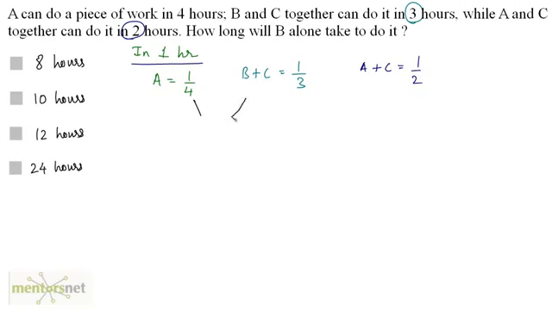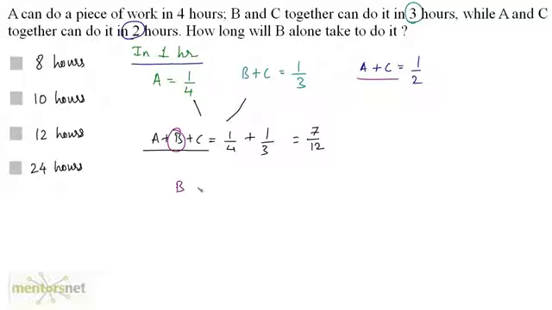Now if we add these two terms together, we will get A plus B plus C. Right, and that is the amount of work done by all of them in 1 hour. That's equal to 1 by 4 plus 1 by 3, and that is equal to 7 by 12 when you solve it. So we have the amount of work done by all of them, and we have the amount of work done by A and C. So if you subtract the amount of work done by A and C from the amount of work done by all of them, you get the amount of work done by B, right?